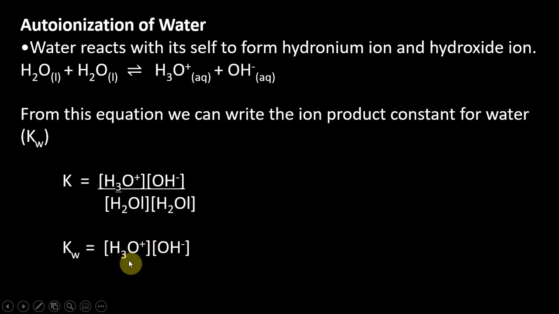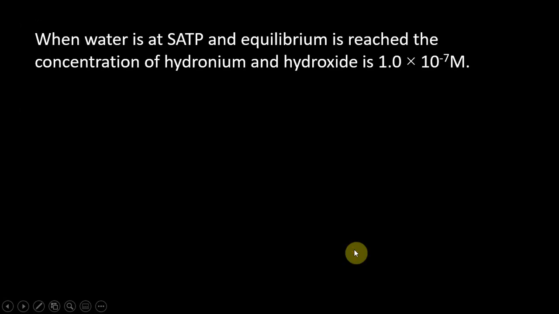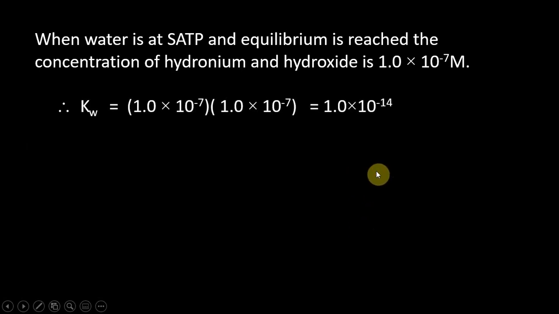So Kw then is equal to the hydronium ion times the hydroxide ion concentrations. So when water is at SATP and equilibrium is reached, the concentration of hydronium and the hydroxide ion is 1 times 10 to the minus 7 molar. All right. The Kw for that is 1 times 10 to the minus 14.